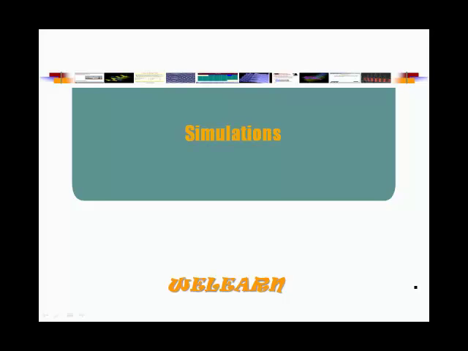So the first step that we usually do in trying to design something is build it on a computer first. When you build it on a computer, you can test all the alternatives. You can test the outputs, and that way you'll be aware of what you should expect as an output.